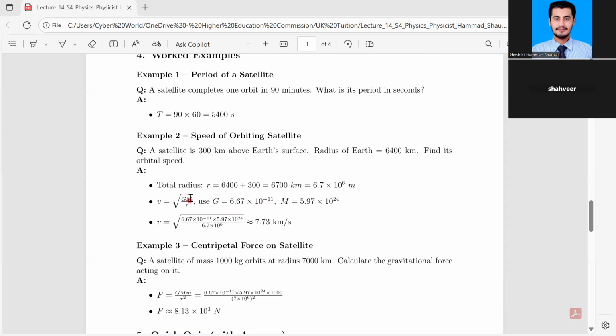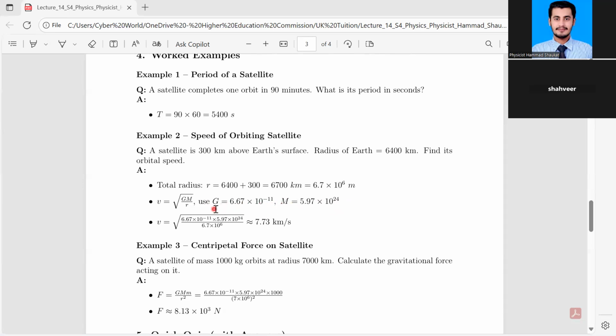And the value for capital M, the mass of the Earth, is 5.97 multiplied by 10 raised to power 24. Sometimes we take just 6 when we round off. So you can easily remember 6 multiplied by 10 raised to power 24. Is that okay? So remember these values. The mass of Earth is this, and the gravitational constant is this.